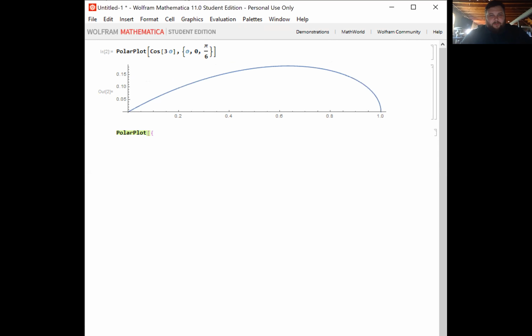One of them is r squared, and I need to plot r. So I need to take the square root of 8 cosine 2 theta. And I also need to plot the negative square root, because you can get positive and negative.